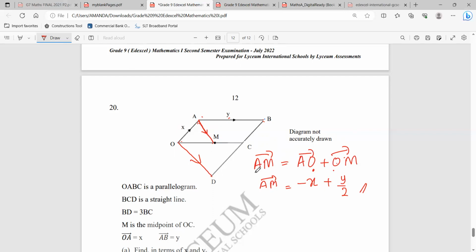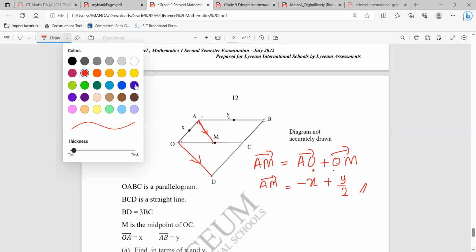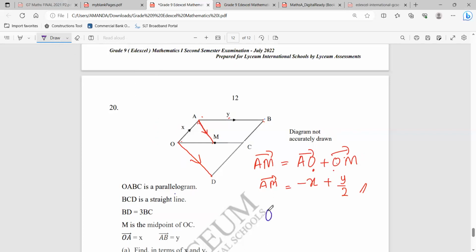OD equals OC plus CD. See, C and C facing each other, so this becomes OD. Yeah, that's how we write it.